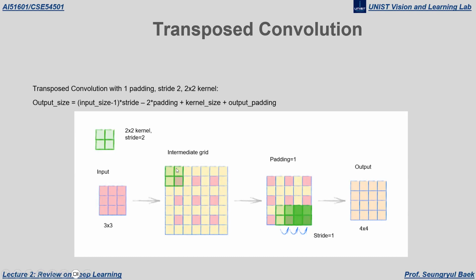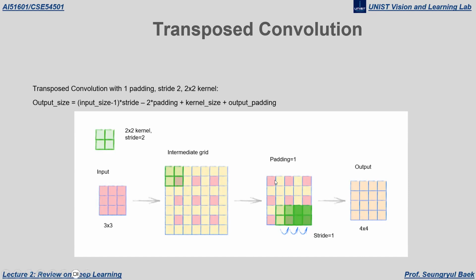So by default, we surround the image with 1 zero padding. But if you set 1 zero padding, then actually you will lose it. So that's also the inverse property of transposed convolution, compared to the convolution operation.